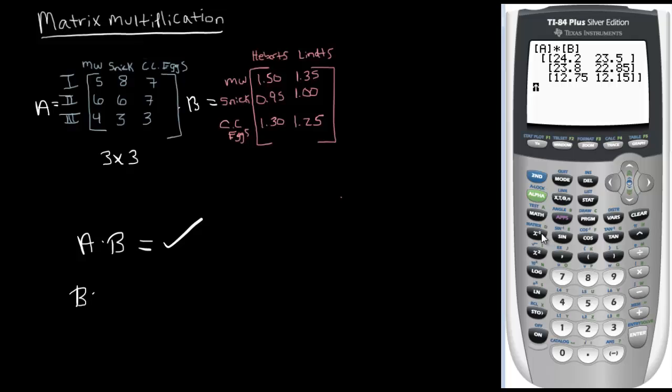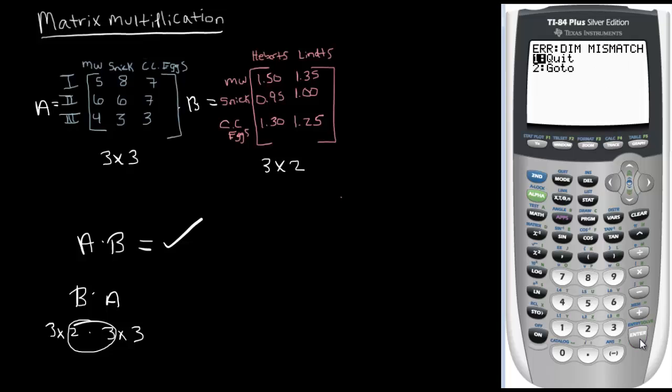If you do B times A, it's not going to work, because B times A is taking a 3 by 2 matrix and multiplying it by a 3 by 3, and you'll see that these inner dimensions don't match. The number of columns in B does not match up with the number of rows in A, and your calculator will not be able to produce that multiplication. It says error, dimensions mismatch.